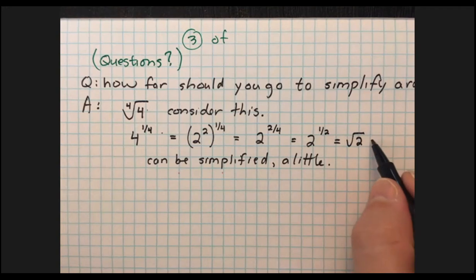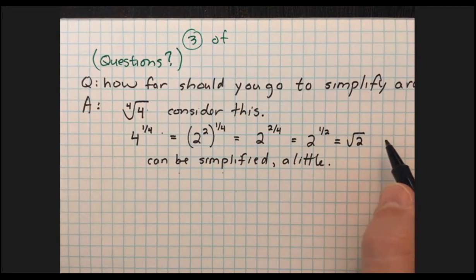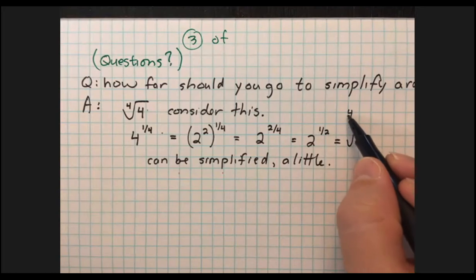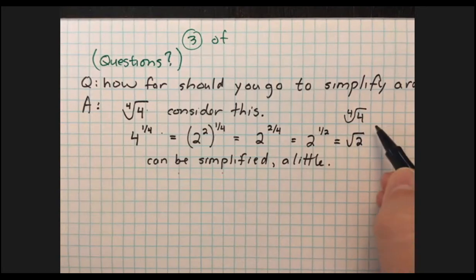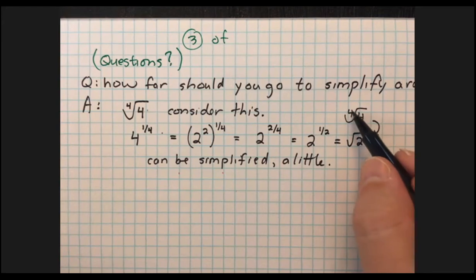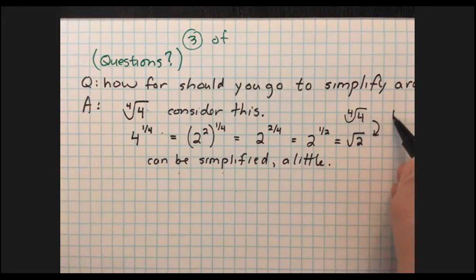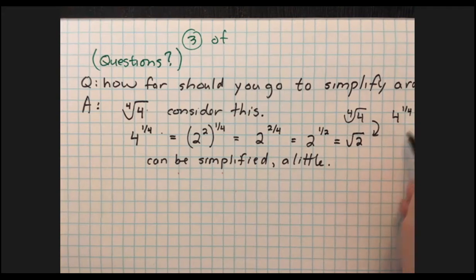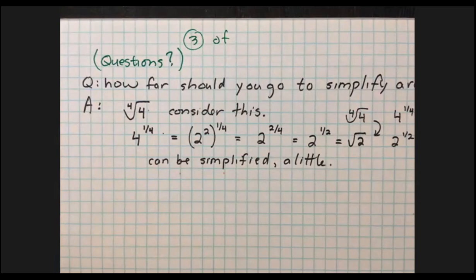And the square root of 2 is still not a pleasant or simple number. But have I made this simpler? I would say yes. I would say that's a legitimate simplifying. If you would have left the problem as fourth root of 4 or 4 to the 1/4, would I object? I wouldn't object strongly. 1 point out of 10, maybe. 1 point out of 15, maybe.